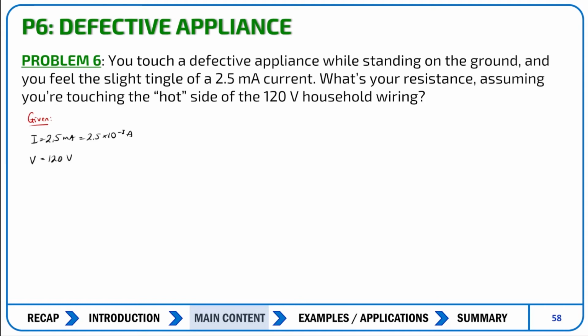We're trying to find the resistance, so we already know that V equals IR. And so R is equal to V over I. So that seems like what we're supposed to solve for. So let's immediately solve.